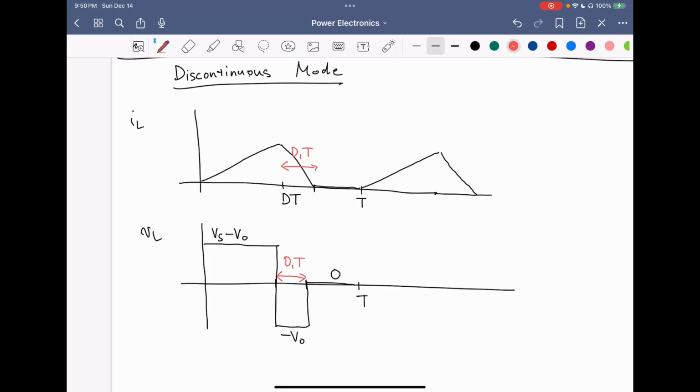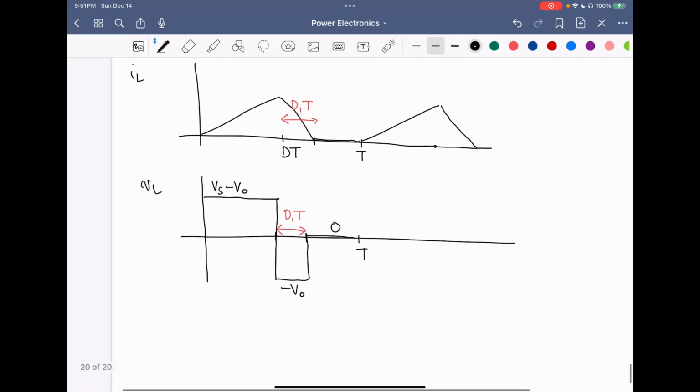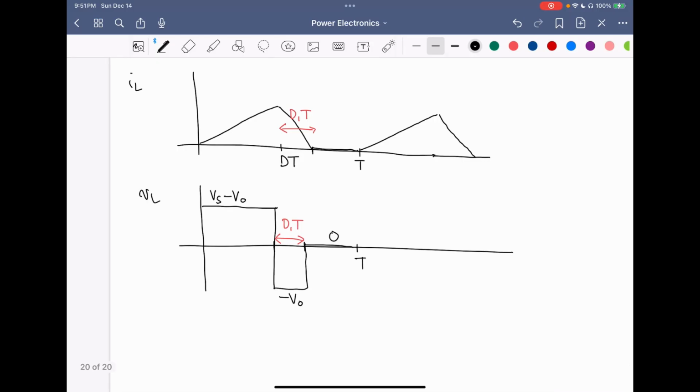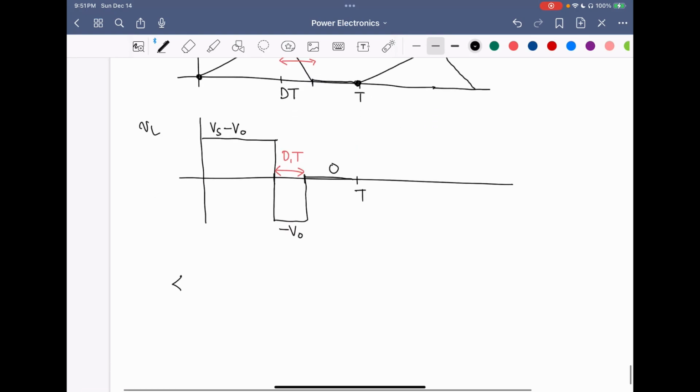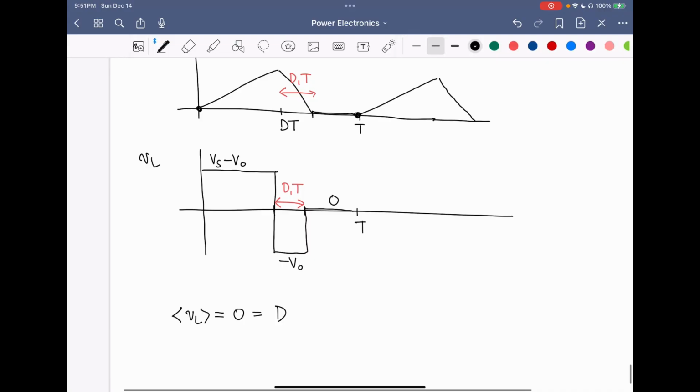So we still require that the inductor voltage average be equal to zero. And this is once again because we're still operating in periodic steady state. The inductor current at the beginning of the cycle is zero, and it's still zero at the end of the cycle. So therefore, we must have the average inductor voltage, VL, equal to zero. And we can take the average during the D interval.